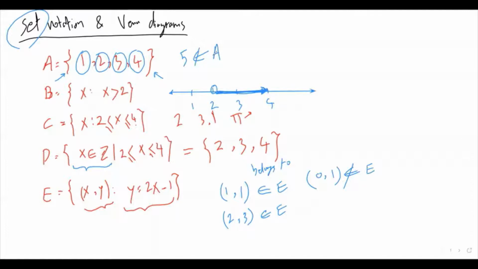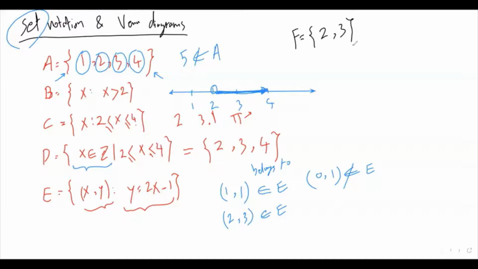Okay, and that brings us to the next topic, which is subsets. If all the elements of one set are shown in another set, we say that it is a subset. For example, let me define a new set F, and its members are 2 and 3.